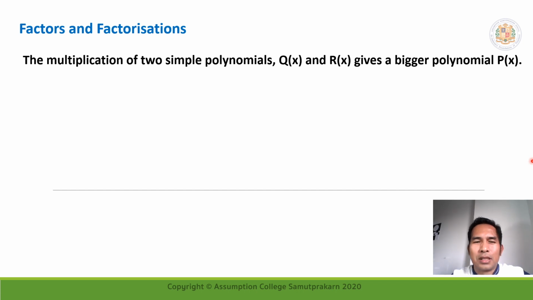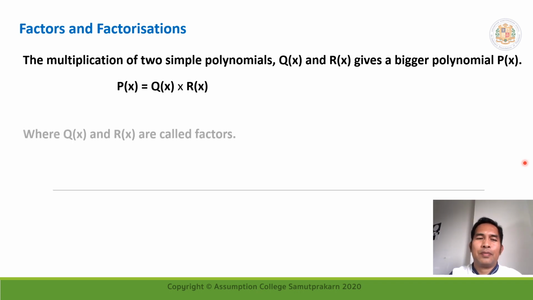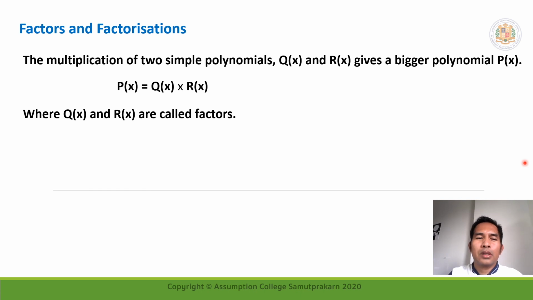Factorization is the process. So we have here p(x) equals q(x) times r(x). That means the function of x equals q function of x times r function of x. Here, q(x) and r(x) are called factors.